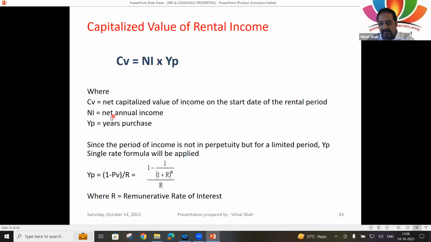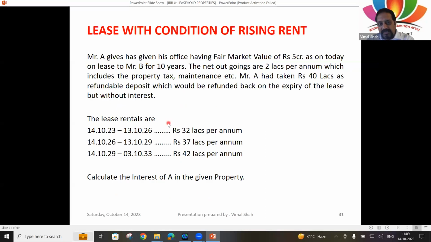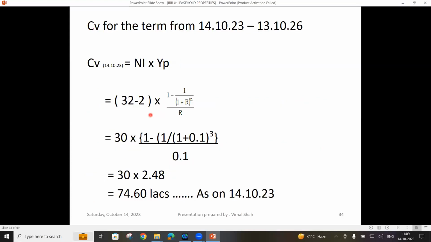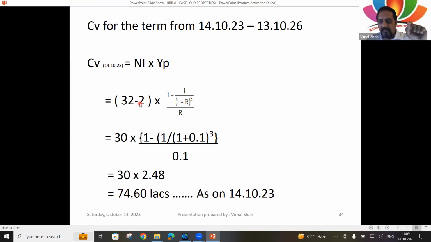What is NI? It is net income, annual income. What is your net yearly income? So he is getting 32 lakhs per year minus 2 lakhs. So his net yearly income will be 30 lakhs, right? आपको वो 3 साल का टोटल नहीं करना है. What is NI? 1 साल का जो इनकम है वो लेना है NI. 3 साल का टोटल नहीं करना है, right? Yes. So it is 30. Clear?